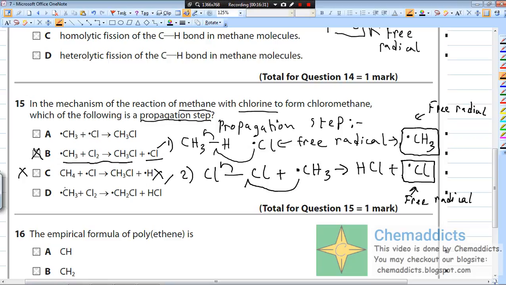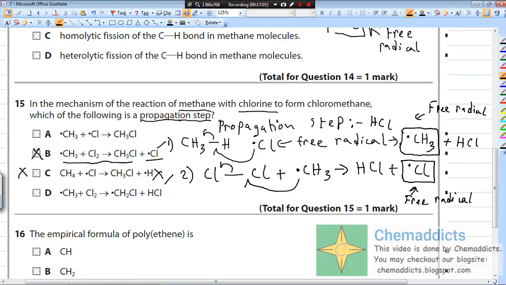Since the carbon hydrogen bond is really strong, it does not break homolytically, so the only bond that breaks is the hydrogen CH3 bond. This hydrogen then attaches with the chlorine free radical to form HCl. So here HCl and a methyl free radical are formed.